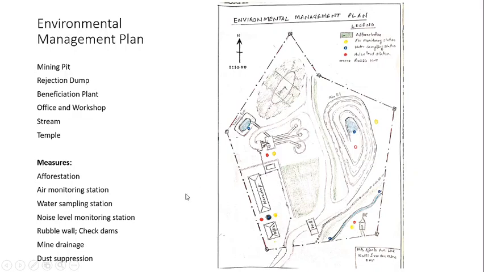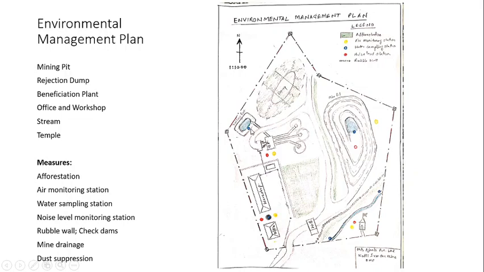Similarly, water samples should be collected wherever there is a water body or there is a mine discharge. I have shown here water in the pit. That means there is working below the water table. So a water sample will have to be taken here, and if there is a pumping of water from the pit, then the discharge sample has to be also taken.